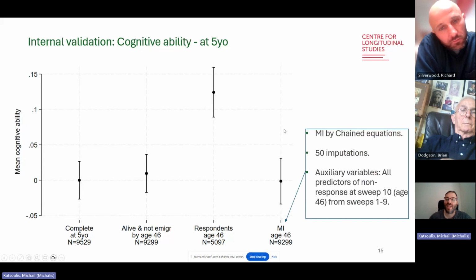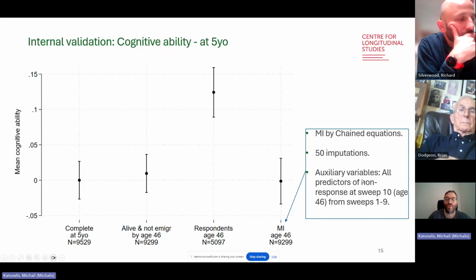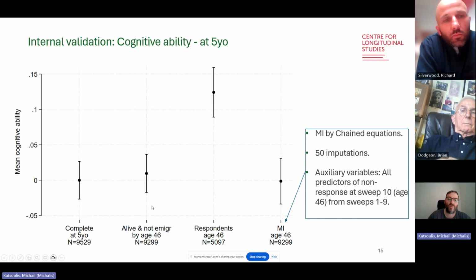So we took a similar approach again. We implemented multiple imputation by chained equations. We used 50 imputations. We used all the auxiliary variables, all the predictors of non-response at sweep 10 from all the previous sweeps, and we see here that we again restored the initial representativeness.